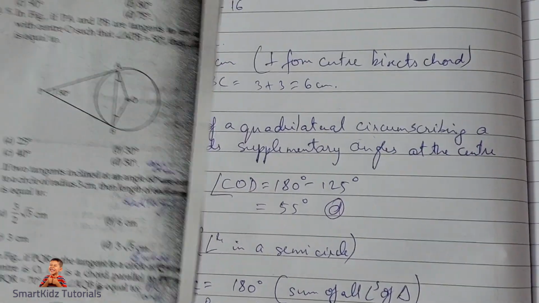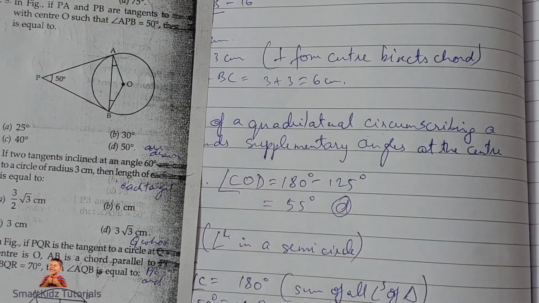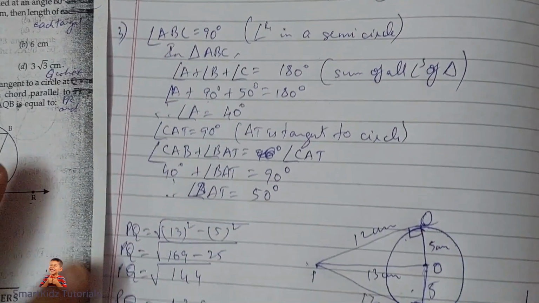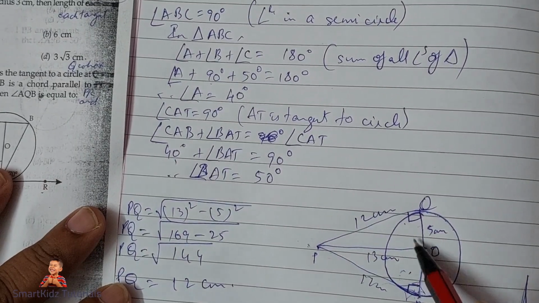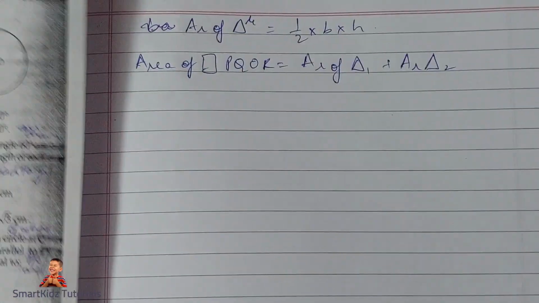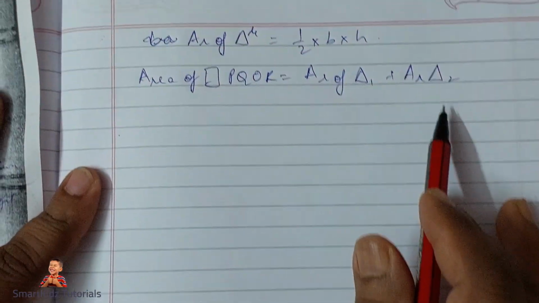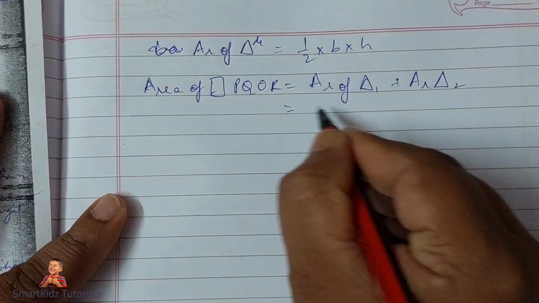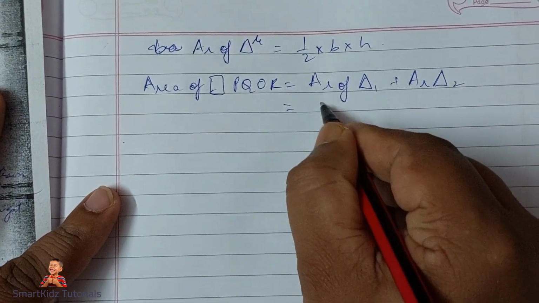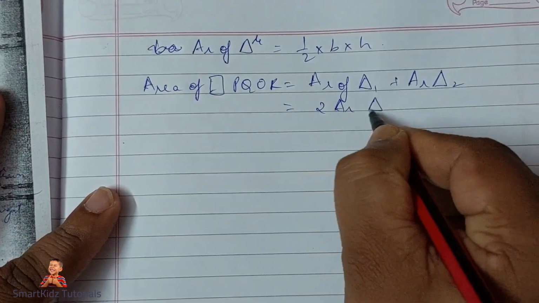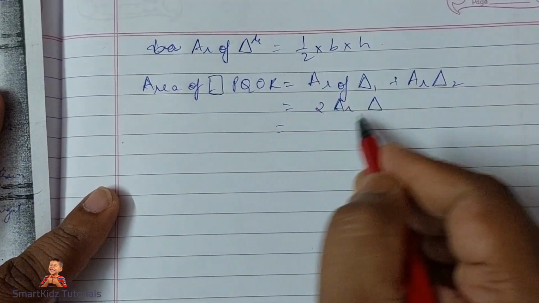If we look at this, it is this plus this. This one, it is this plus this. Since both the triangles are the same, we can say 2 times area of triangle.